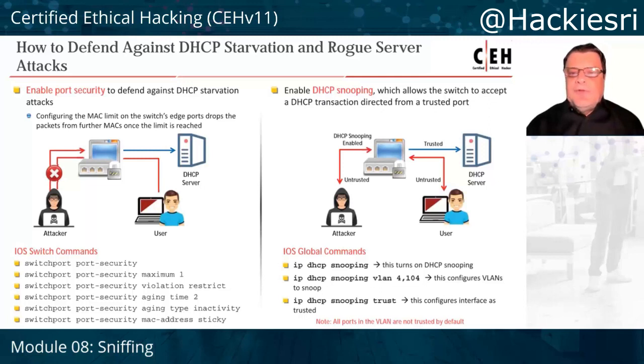Next, you can enable DHCP snooping, which allows the switch to accept a DHCP transaction directed from a trusted port. And for this, you have the IOS global commands listed on the lower right. Note, all ports in the VLAN are not trusted by default.